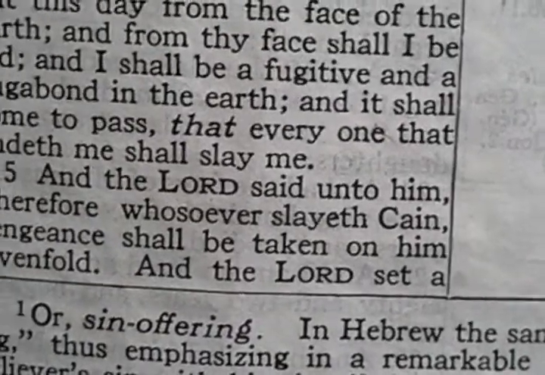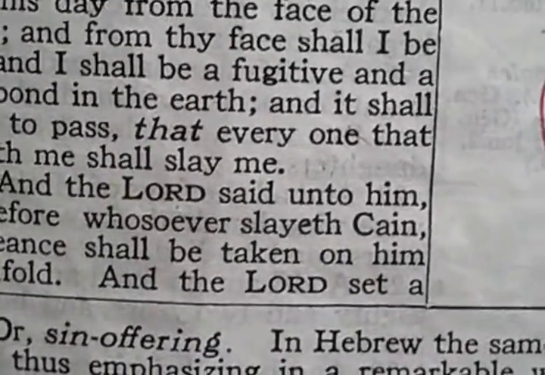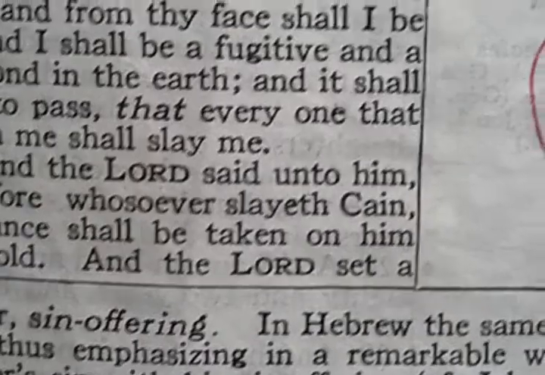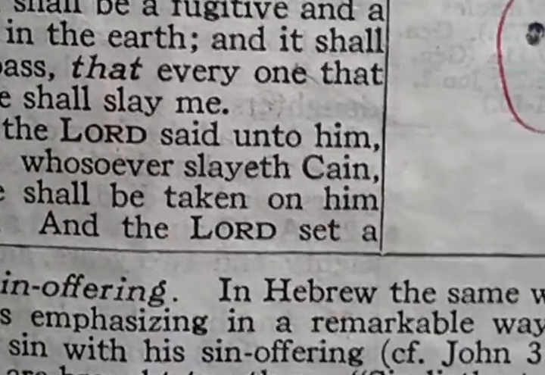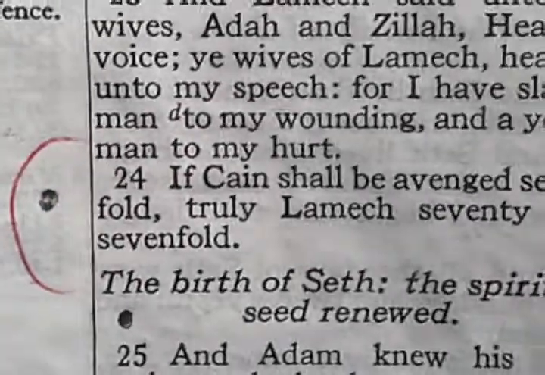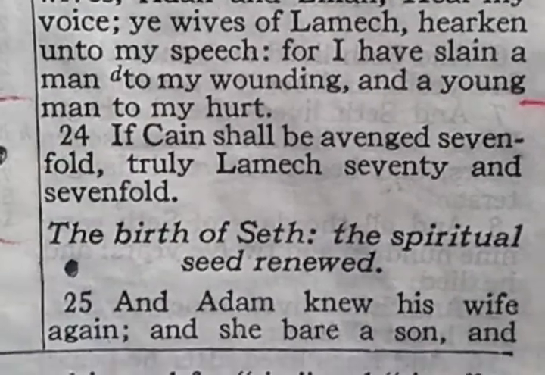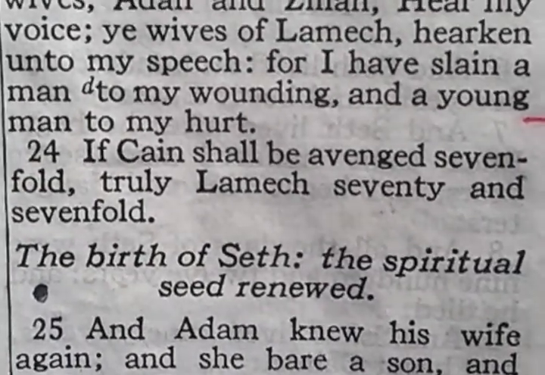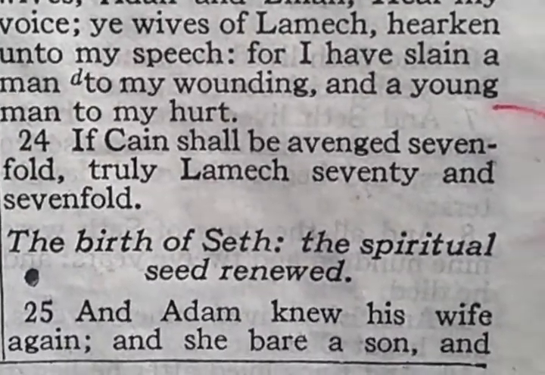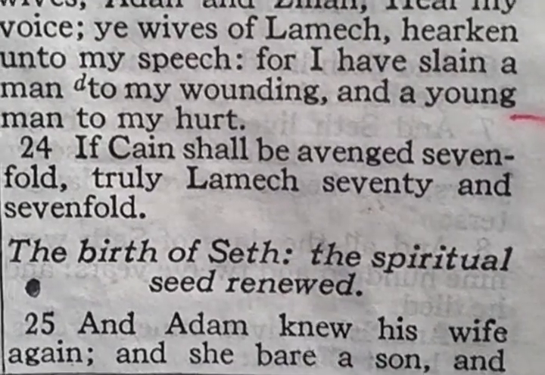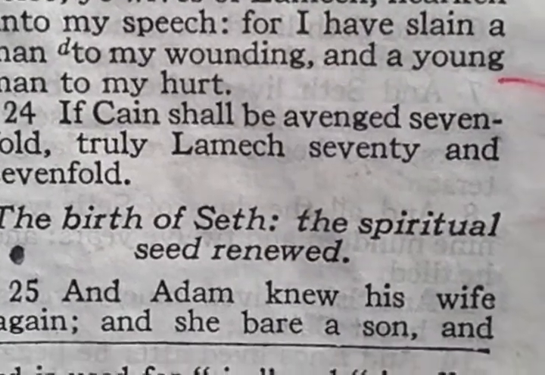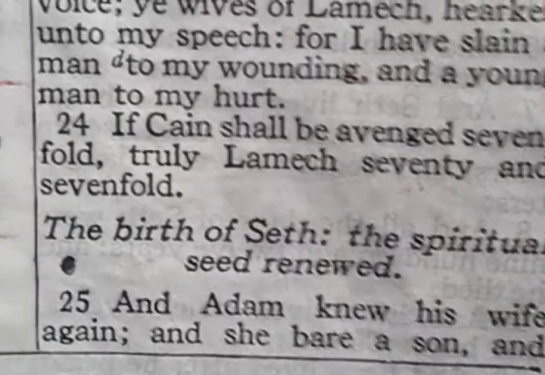So yeah, the murderer in Genesis is being guaranteed to being avenged after a certain portion of time has passed that is relative to 70 and sevenfold. All right? Why would this murderer Cain be avenged?